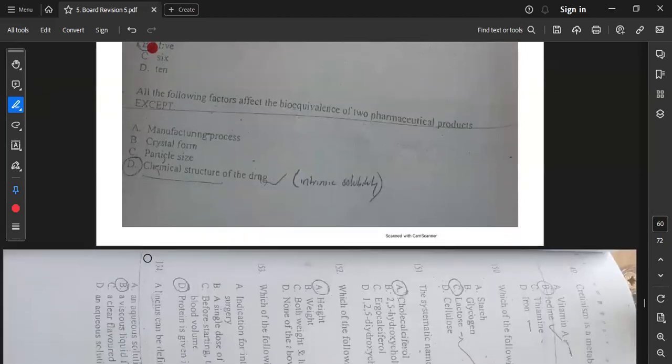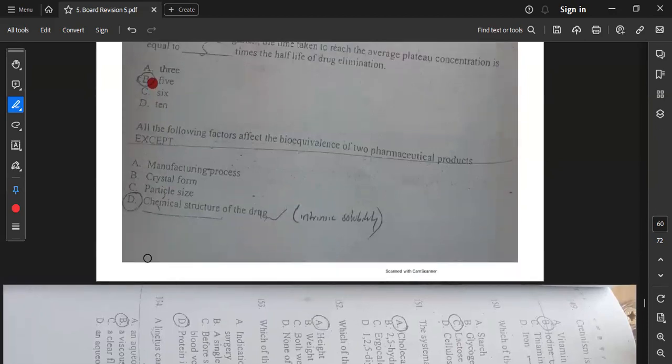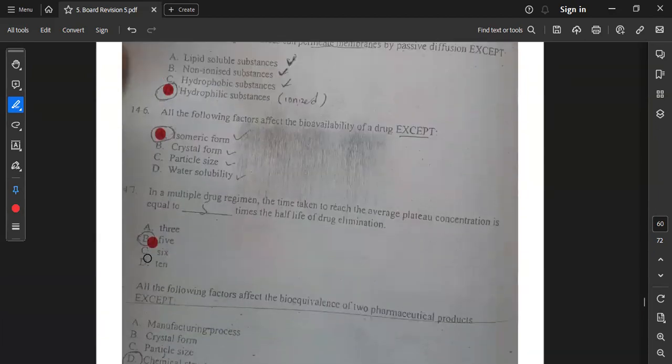All the following factors affect the bioequivalent. I will go back to the previous question. Oh, your half-life.